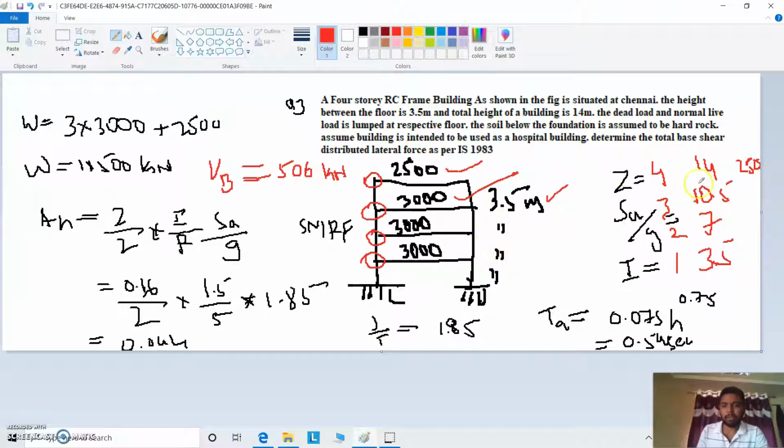Once we consider these floor loads, we can calculate the distribution of this 506 kilonewton of base shear to each floor in the lateral direction. This is more than enough to consider problems on equivalent lateral force analysis. So let us have an assignment over this content and we'll end this module. Thank you.